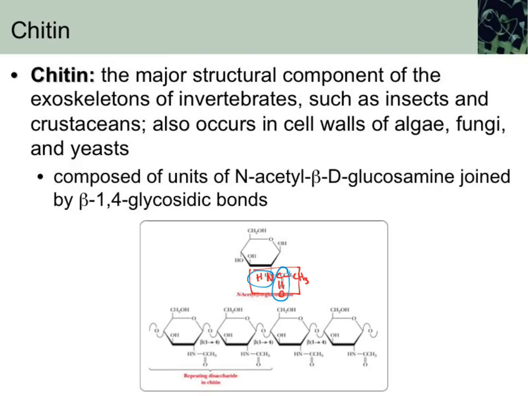And I know I glossed over it before. You can look at the naming of it to kind of suggest that you're seeing a slight difference. If it was just glucose, you'd just see the glucose. But we've got a glucose molecule with an amine. There's the NH, and an acetyl group, which is the carbonyl CH3.